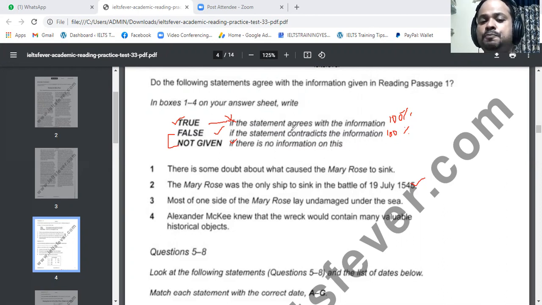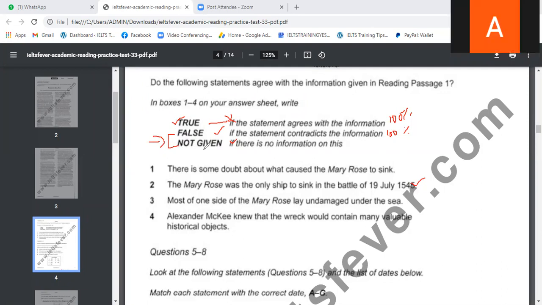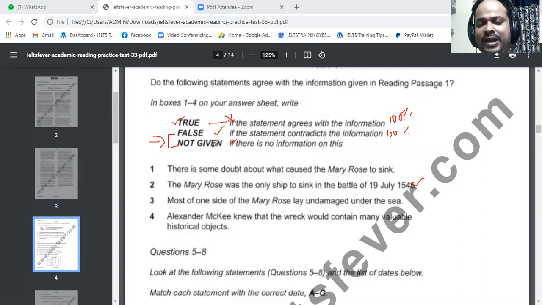Most candidates find it difficult to decide whether the answer is false or not given. Between true and false, it's very easy to find out the answer, and that is not a big issue here.